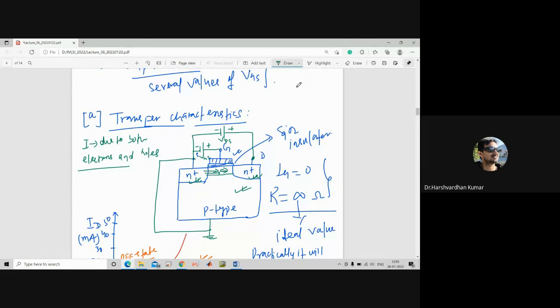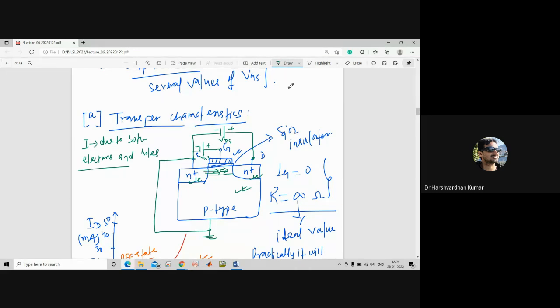However, for P-type transistors, the drain current is only due to holes. In a BJT, that is a bipolar junction transistor, the current is due to both electrons and holes. As a result, in a BJT, noise is a major concern. However, in unipolar devices, for instance the MOSFET, the noise is very low.